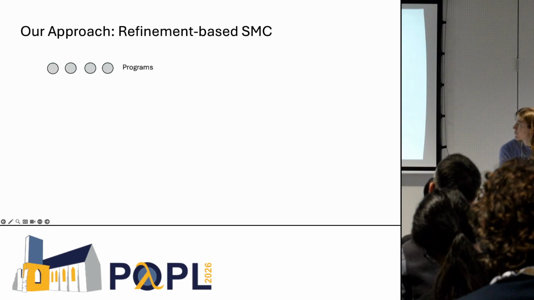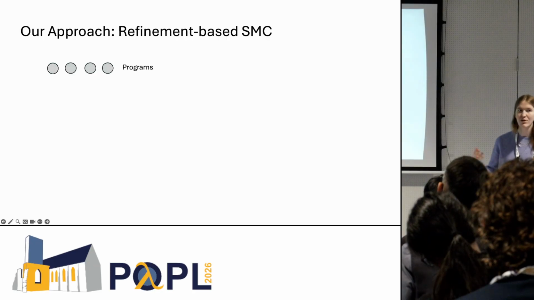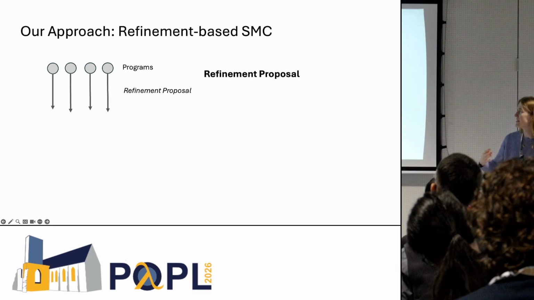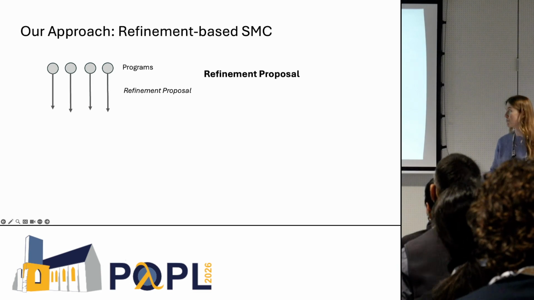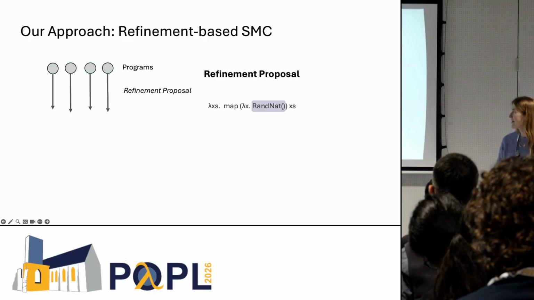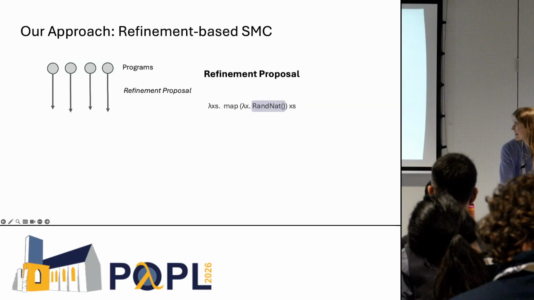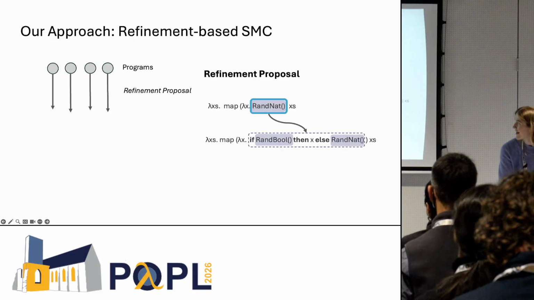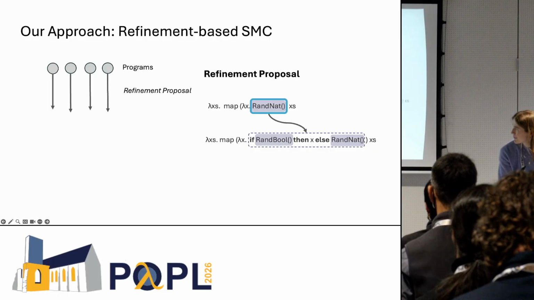So, just to sketch it out, we've got a population of particles. And at each step, we run a proposal that takes one of these and transforms it. In particular, the procedure is, given a hypothesis, we choose one of the random primitives and sample a replacement for it.